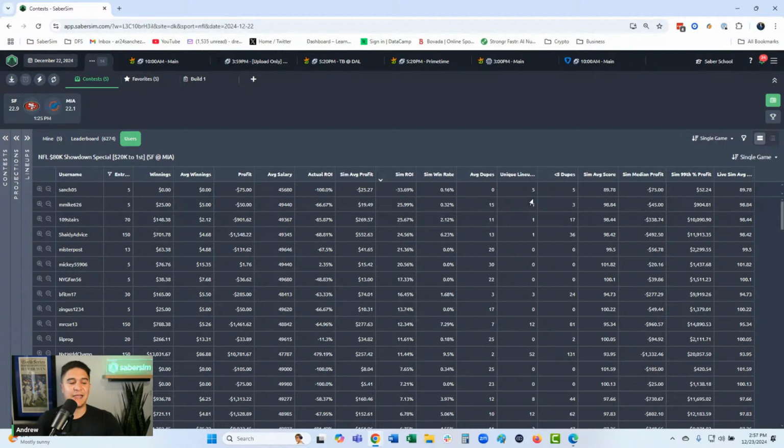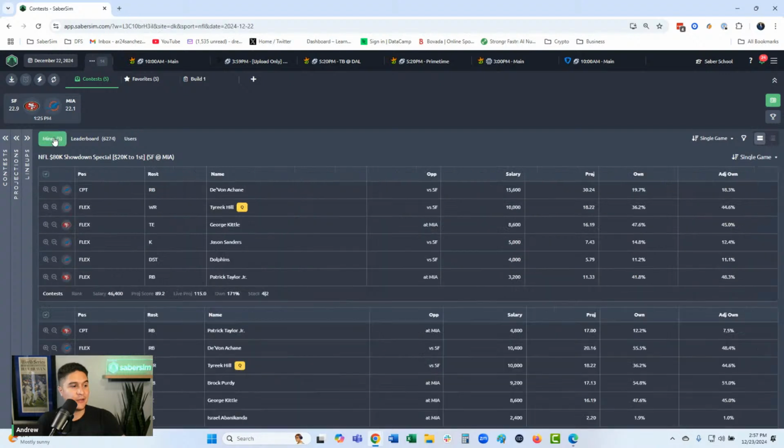That's why people say you can play unique lineups, but they're just going to be lineups that nobody else would play because they're so bad. So apparently I picked some pretty bad lineups here. Oh, I know why. I was actually really high on Patrick Taylor yesterday. I thought he was going to be far and away the featured back for the Niners.